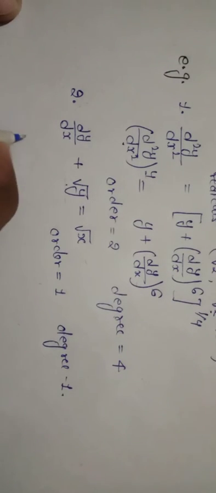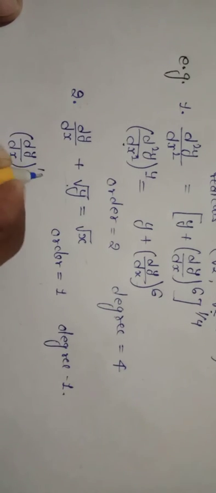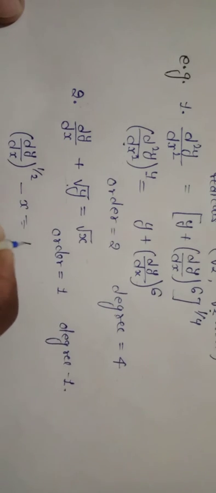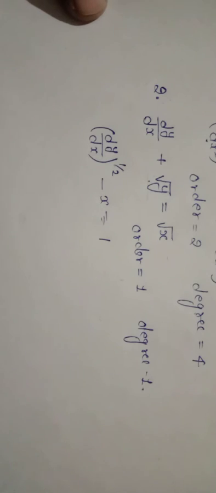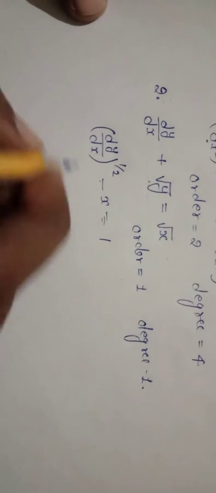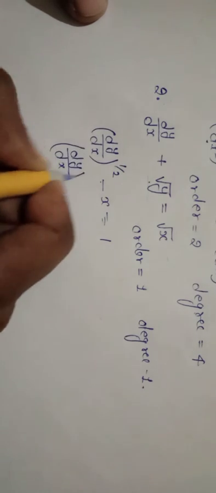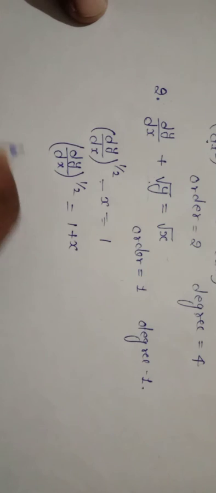Now I am taking one more example, dy by dx raised to power 1 by 2 minus x is equal to 1. Now what is the degree of this differential equation? So we have to just do dy by dx raised to power 1 by 2 is equal to 1 plus x. Now we will square on both sides.